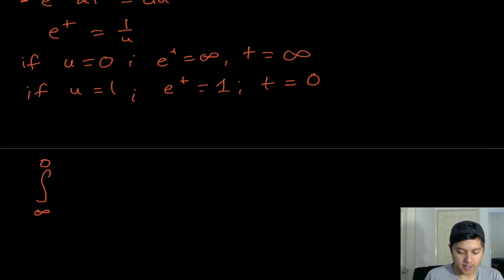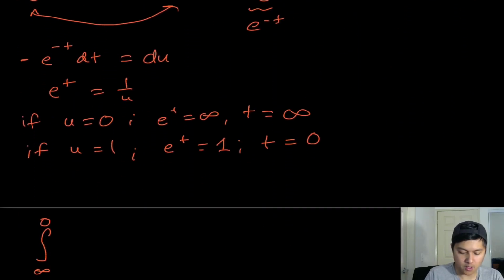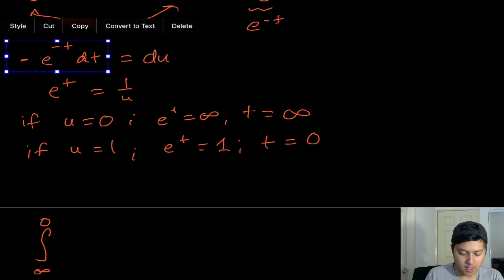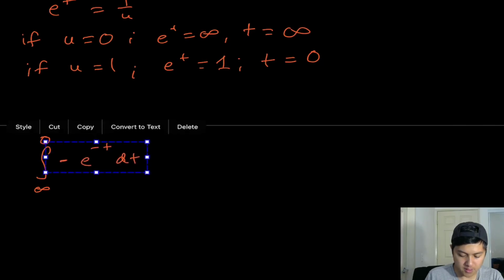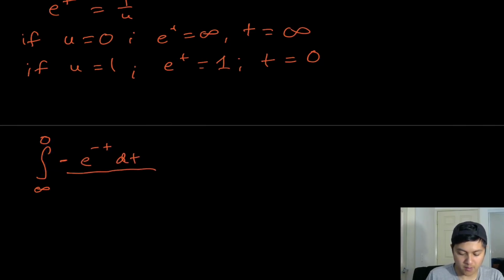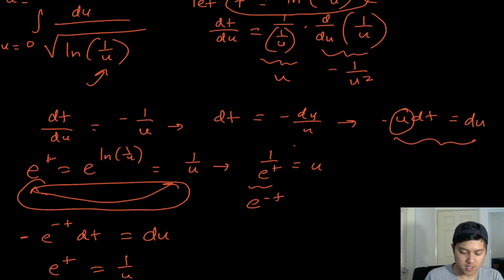And now we have to rewrite the top part, which was du, and we found that du is this e to the minus t dt. I'm just going to copy this and bring it down here. So e to the minus t dt, and then we divide by the square root of log of 1 over u, which we found is e to the t.